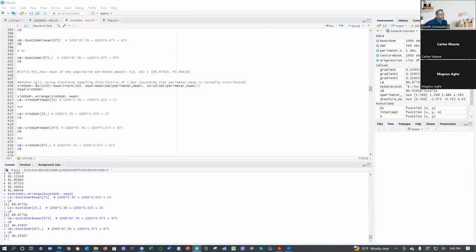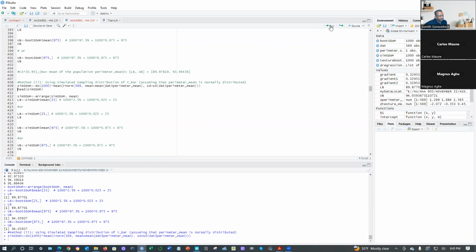The second method, in a similar fashion, I generated the mean by assuming that my population distribution is normally distributed. With 569 entries, I have to give the normal distribution the parameter mean and standard deviation, and I do that 1,000 times.